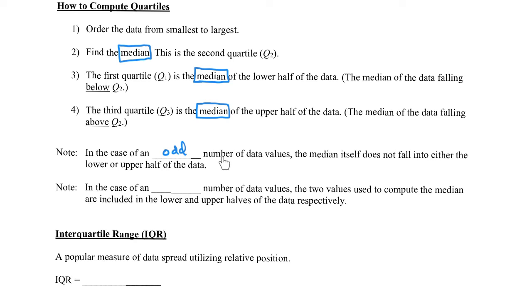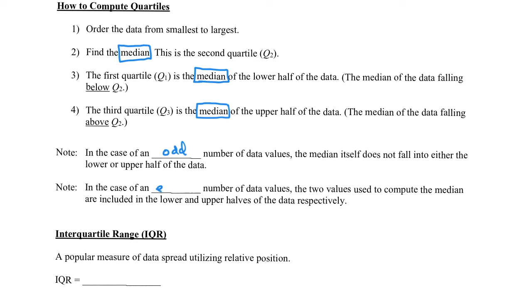But this will make sense when we try one. When you've got an odd number of data values, the median doesn't fall into either the lower or the upper half, because the median is the one right in the middle, so the median neatly splits the data into 2 parts. So you'd have the lower part and the upper part. So that's for an odd number of data values.